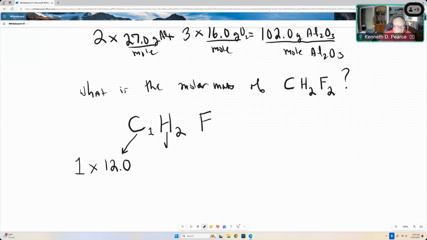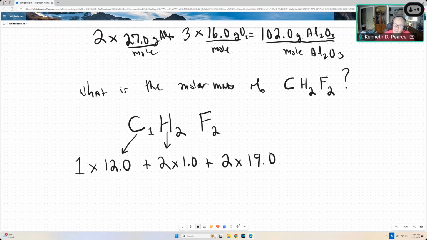And then we say plus, well, there's 2 hydrogens, and each hydrogen is worth 1.0 apiece. And let's put that 2 back up there. And then there's 2 fluorines, and on the periodic table underneath fluorine should be 19. Yep, 18.998.